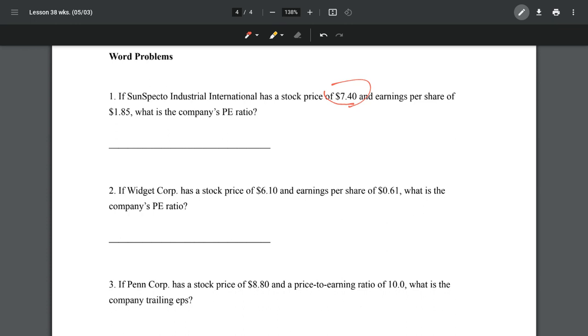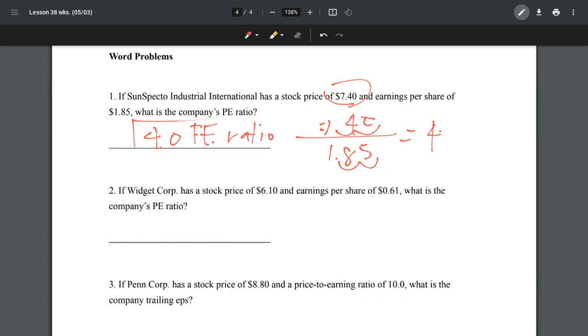What we have to do is just divide 7.40 by 1.85. Let's make it a whole number, so we have 740 divided by 185, which is 4. And so our price to earnings would be 4, the PE ratio.